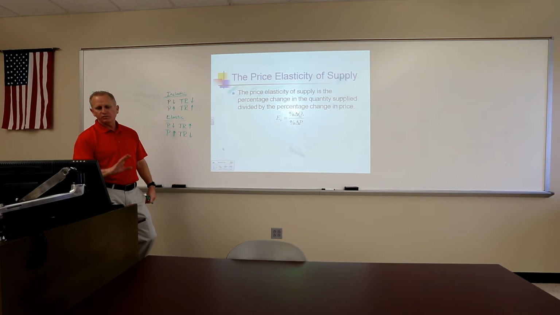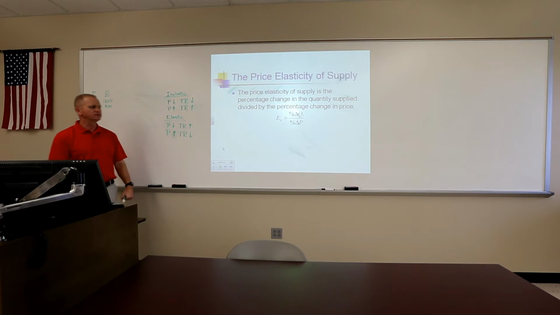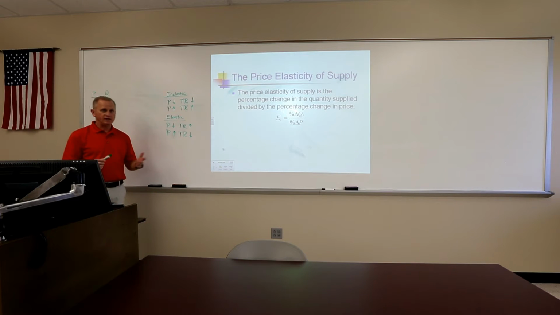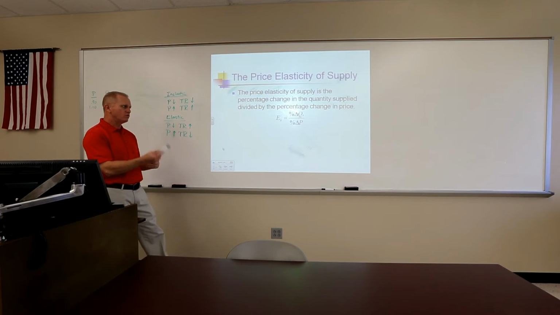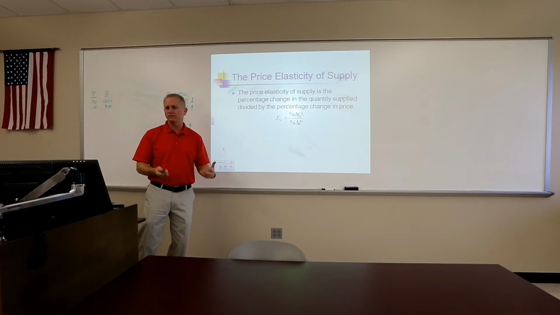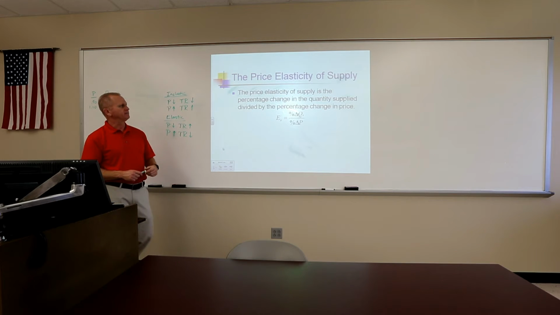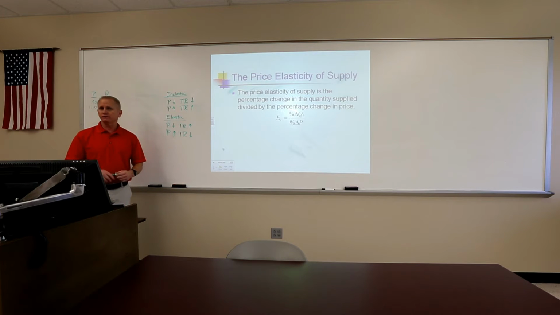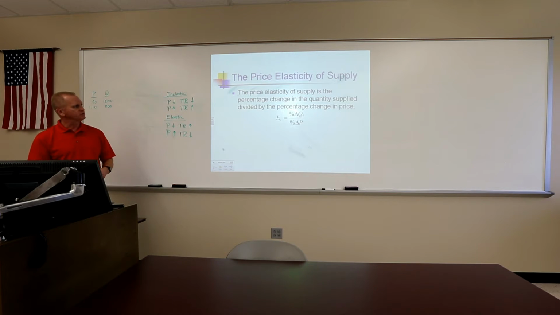All right, so let's move into the second type of elasticity. I told you the other day that most of the elasticity discussion centers around demand. Well, here is a little bit about supply, about 2 or 3 slides of this. Supply is the behavior of sellers and producers.